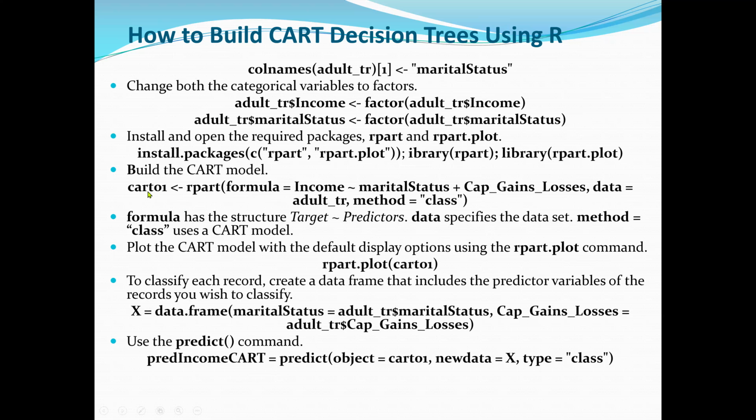So again, this is the model, and we can see the predictors separated with the plus. The data here tells us where our data set is coming from, a.tr. We already loaded it at the beginning. Then method equal to class means classification. We are using a classification CART. Then finally, we save the model, as we said, as cart01.